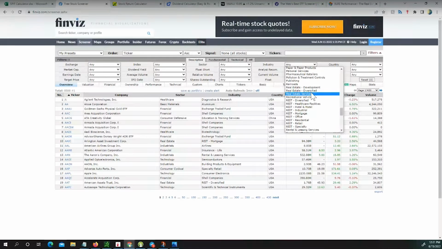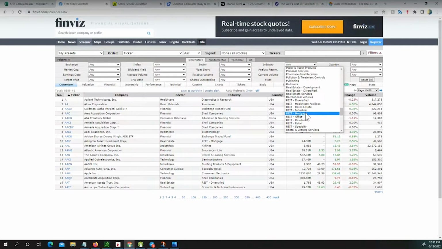If you're into real estate services, these are companies that offer real estate services, just like property management and the likes. Okay. If you're into mortgages, so if you're in tune with how mortgages work and you know you can make money through that, you can invest in a mortgage REIT. They're really good because people are always buying houses. People are always spending their money in mortgages to get houses or commercial buildings or whatever.